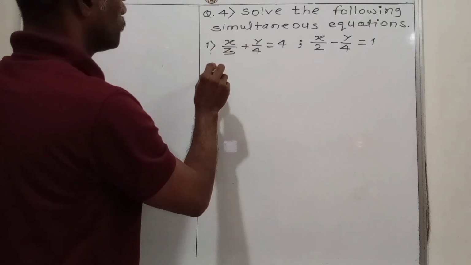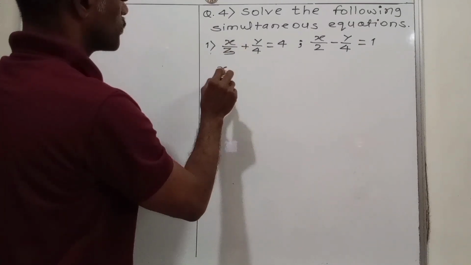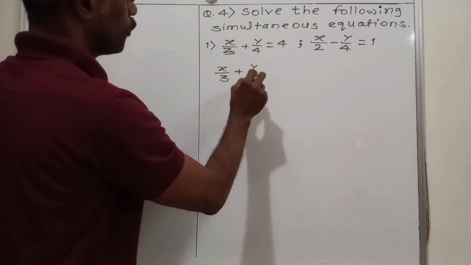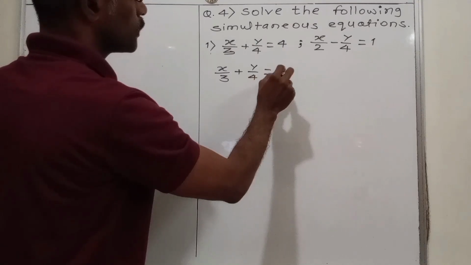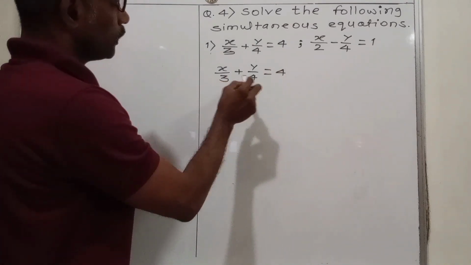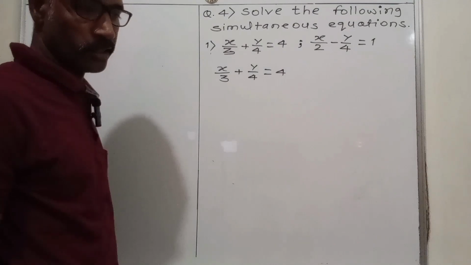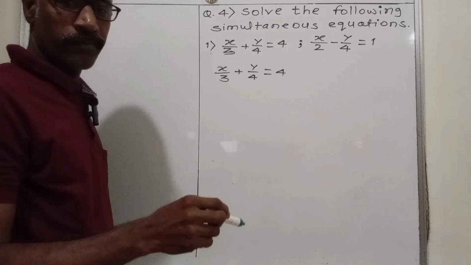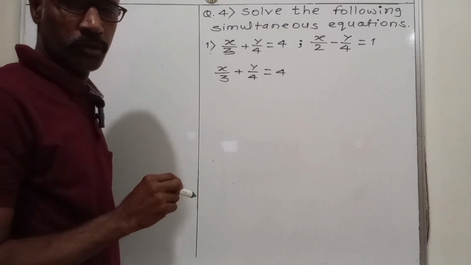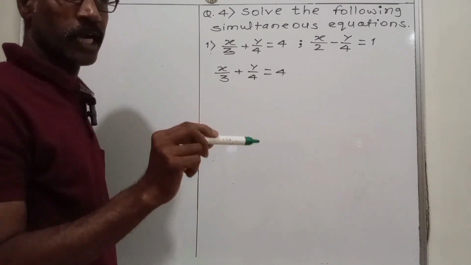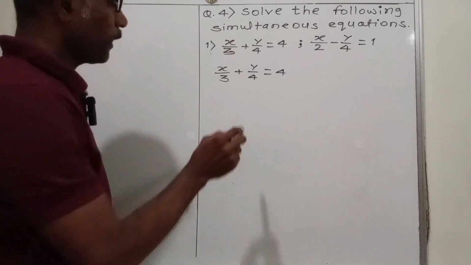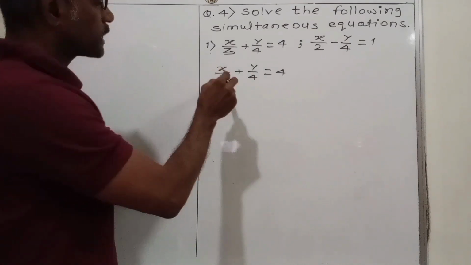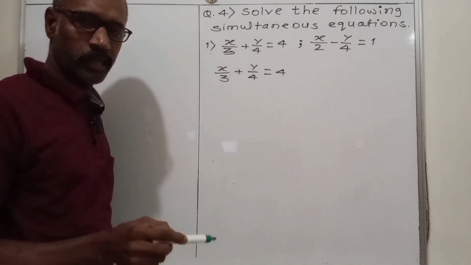So see this. x upon 3 plus y upon 4 is equal to 4. Now we eliminate denominators by cross multiplication as well as another method also, and every time use that another method. Okay. Now denominators 3 and 4.